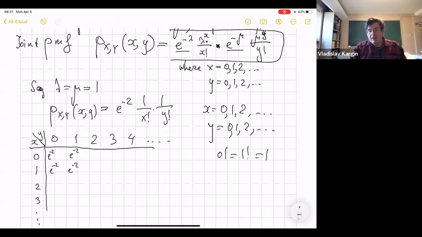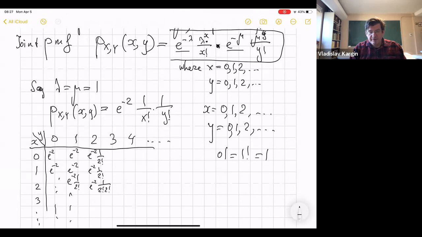Right? But here will be something slightly different: e to the minus 2, 1 divided by 2 factorial. And here will be e to the minus 2, 1 divided by 2 factorial times 2 factorial. And by symmetry, something like here will be the same thing.